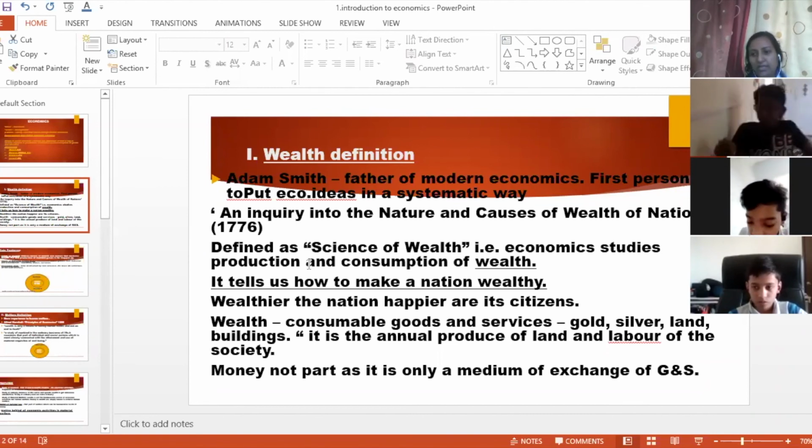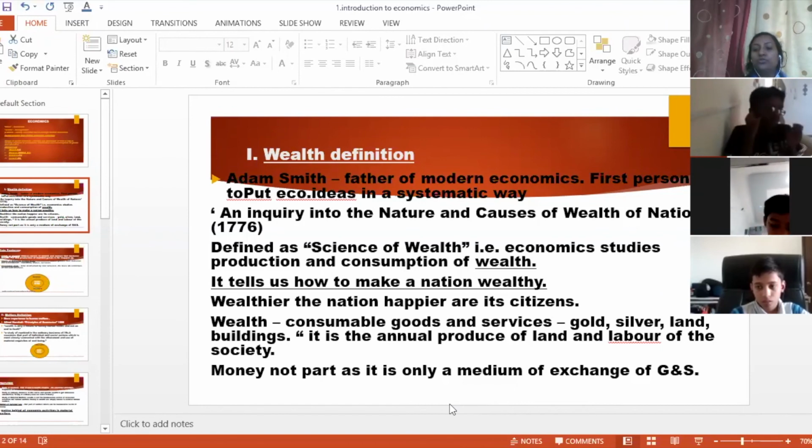And when they give their services, they get money in return. Whoever gives his services in return for money is considered to be providing services in economics.